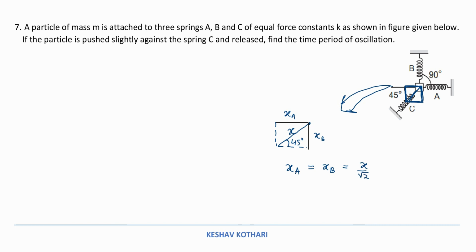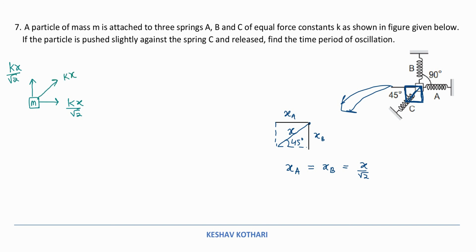So if I draw all the forces which are going to act on this particular block, having a mass m, the force due to block A is going to be kx by root 2, by block B it will act over here, kx by root 2, and due to C it will act over here, which is directly kx.